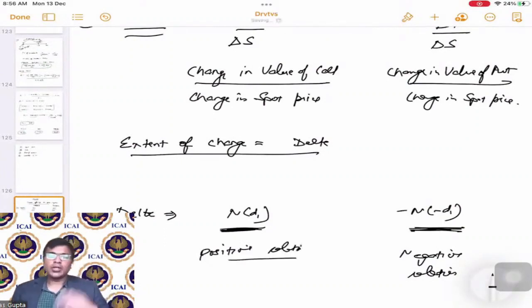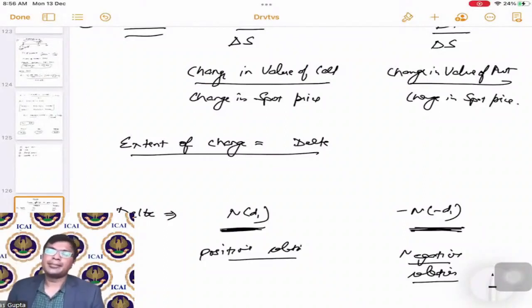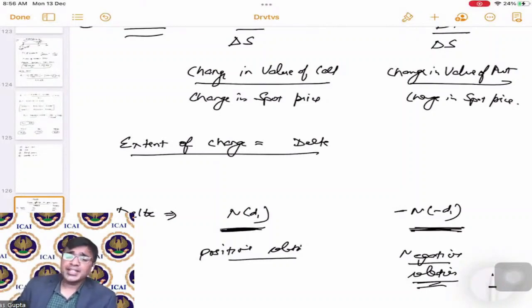If the spot price goes up, the value of the call option goes up; if it goes down, the value of the call option goes down. Similarly, a put option is negatively related. If the spot price goes up, the value of the put option comes down; if the spot price goes down, the value of the put option goes up. Hence the negative sign is put here, and N(minus d1) is the delta or the hedge ratio of the put option. Correct?